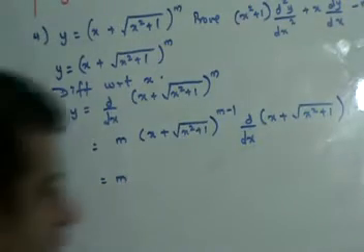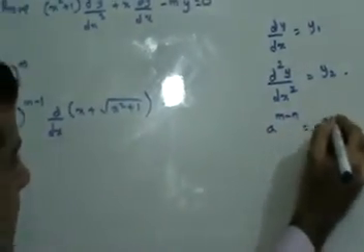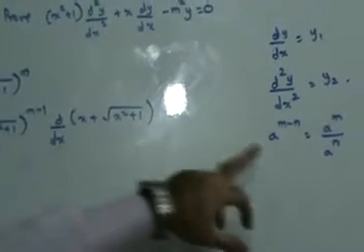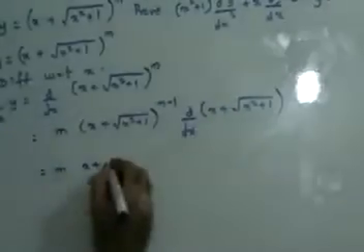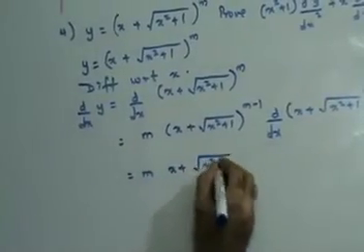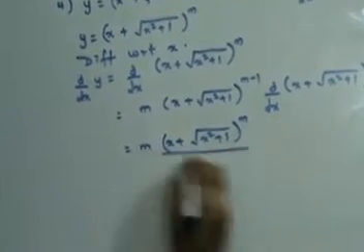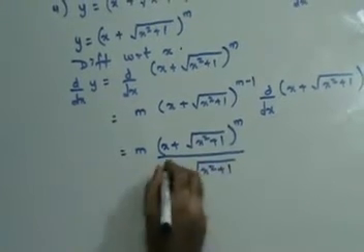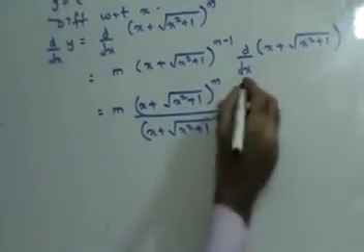Now, law of indices says that a raised to m minus n is a raised to m upon a raised to n. If I use this law of indices here, I will get this as x plus square root of x square plus 1 raised to m upon x plus square root of x square plus 1 raised to 1. I'm using law of indices here.